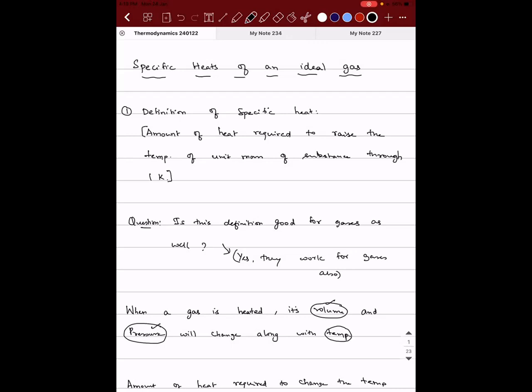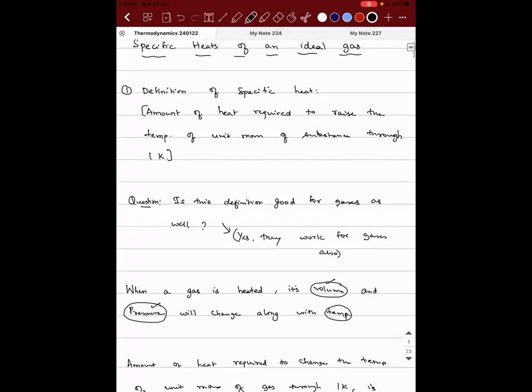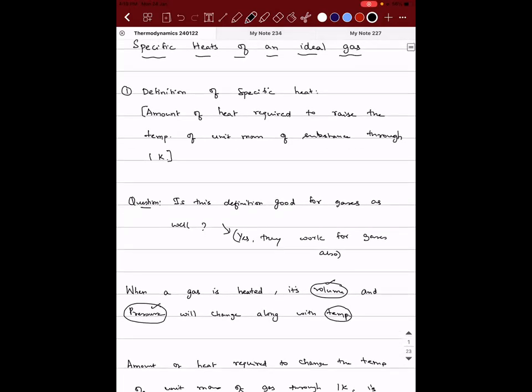Whereas in the case of a gas, what is happening? Forget about ideal gas. In the case of a gas, we're able to speak about different types of conditions, right? Different types of state variables come into picture, pressure and volume also. You understood the basic definition of specific heat.